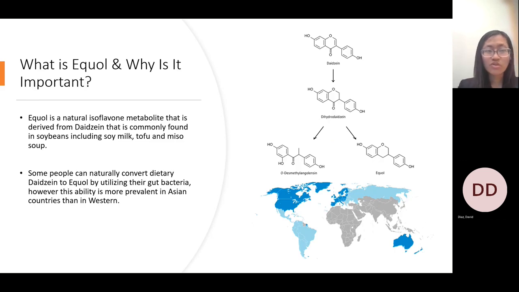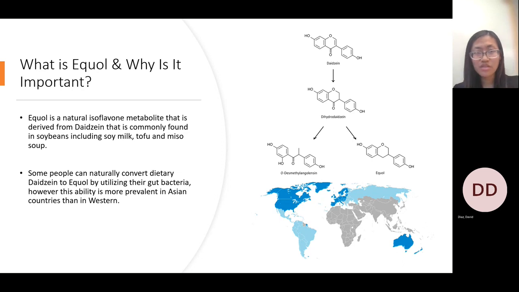So what is equol and why is it so important? Equol is a natural isoflavone metabolite that is derived from daidzein and is commonly found in soybean products including soy milk, tofu, and miso soup. Some people can naturally convert dietary daidzein to equol by utilizing their gut bacteria. However, this ability is more prevalent in Asian countries than in Western.